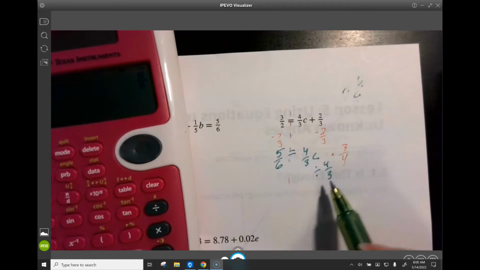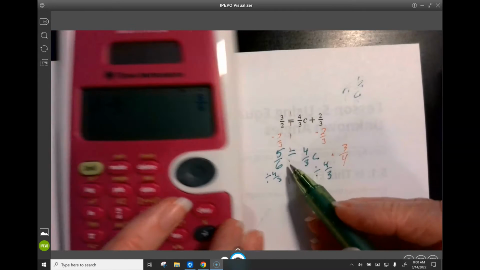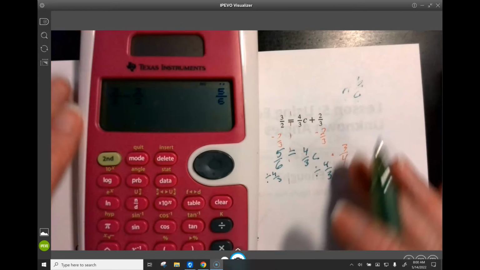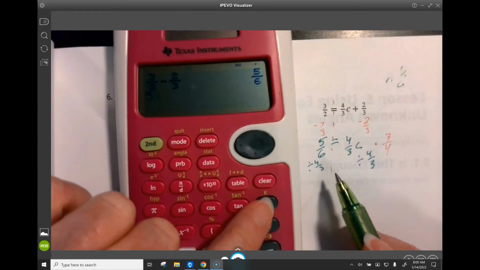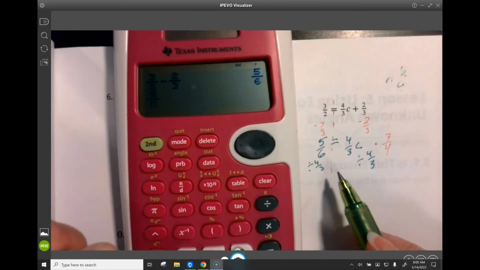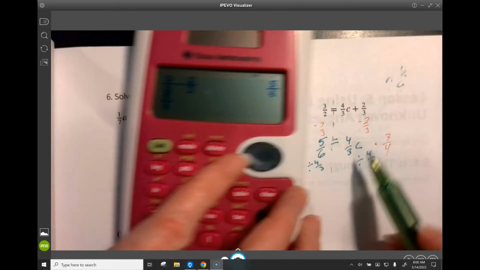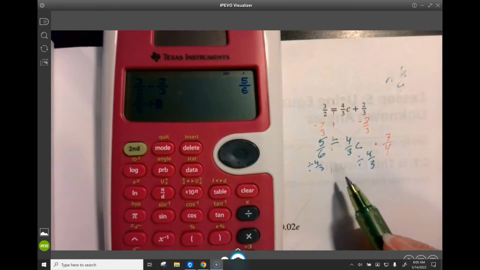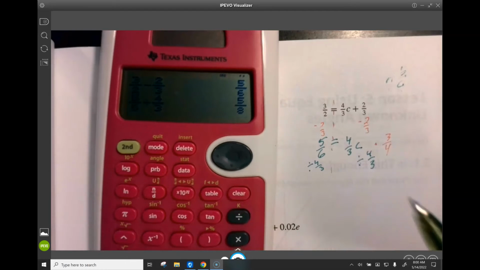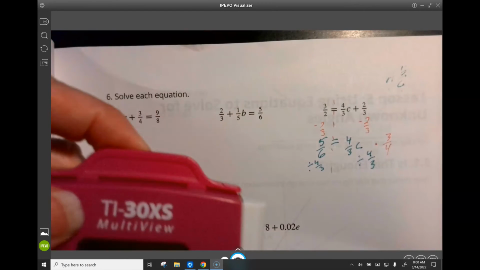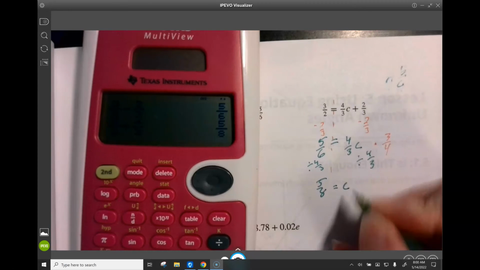If I divide both sides by 4/3, on my calculator I take 5, fraction button 6, arrow over so that the cursor is up here. Divide it by 4, fraction 3, and I get, what is that number? 5/8. So 5/8 is equal to C.